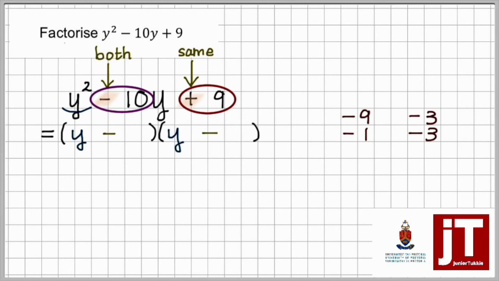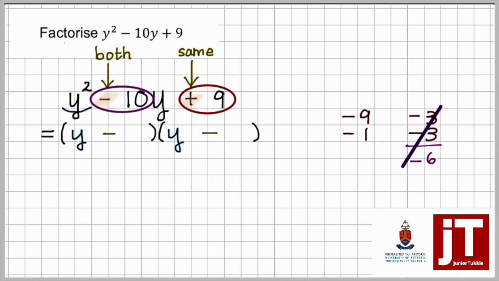Now we need to test which set of these factors is going to work when we factorize the given expression. Let's take a look at the last set, the negative 3 and negative 3. If we add these two numbers together, we end up with negative 6. And negative 6 is definitely not the coefficient on the second term.